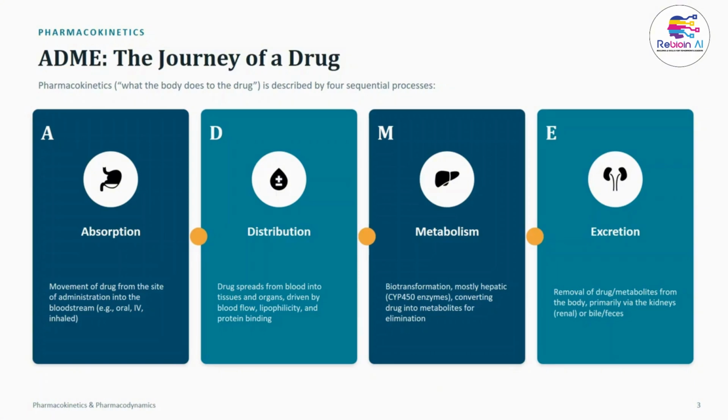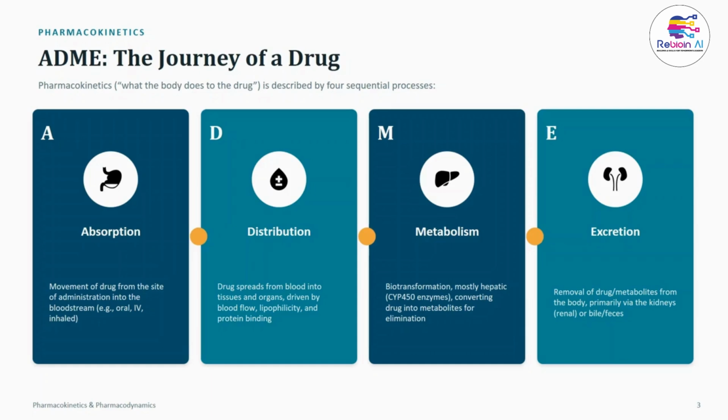This is also where the concept of volume of distribution comes in. It tells us whether a drug stays mostly in the blood, like warfarin, or spreads widely into the tissues, like chloroquine. So this is all about distribution. Basically, it means the drug spreads from blood into tissues and organs.